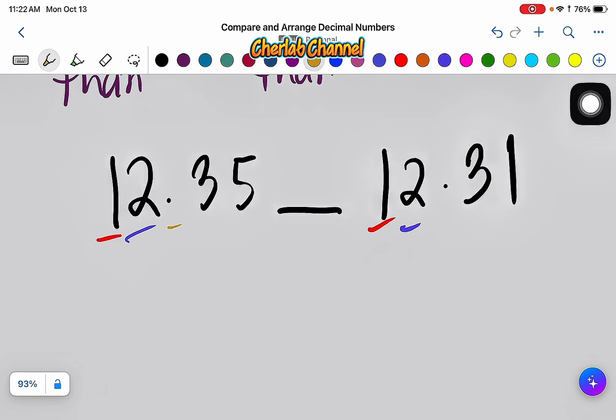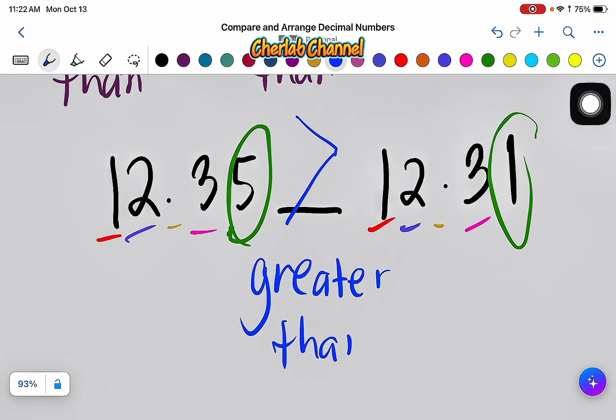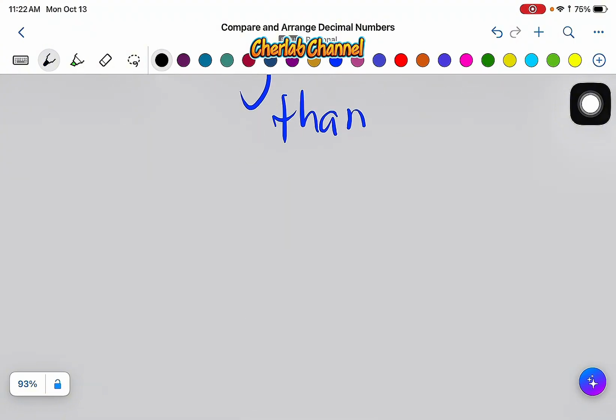The decimal point, the 3, and the next number would be 5 and then 1. Which one is bigger? Si 5. That means ang buntot ay nakatutok kay 1. Okay, so 5 is greater than 1. So 12.35 is greater than 12.31.